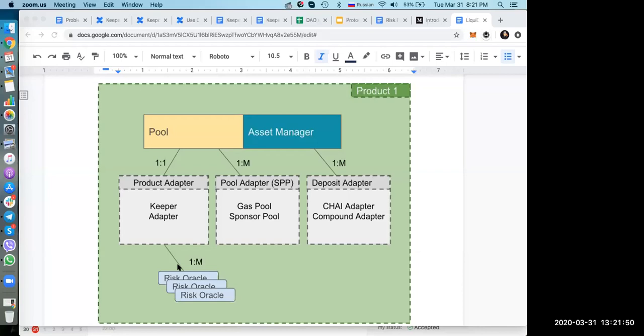And the risk oracle can track the status of the mempool and provide some front-running functionality for the keeper adapter. So that's what we have in mind when we talk about the risk oracle. And of course, one keeper adapter can connect to more than one risk oracle. That's how the product level looks like.